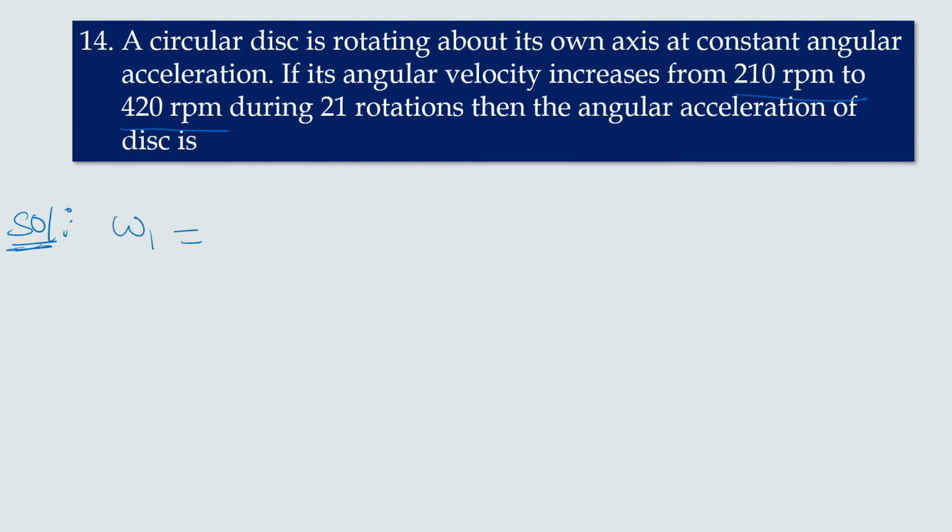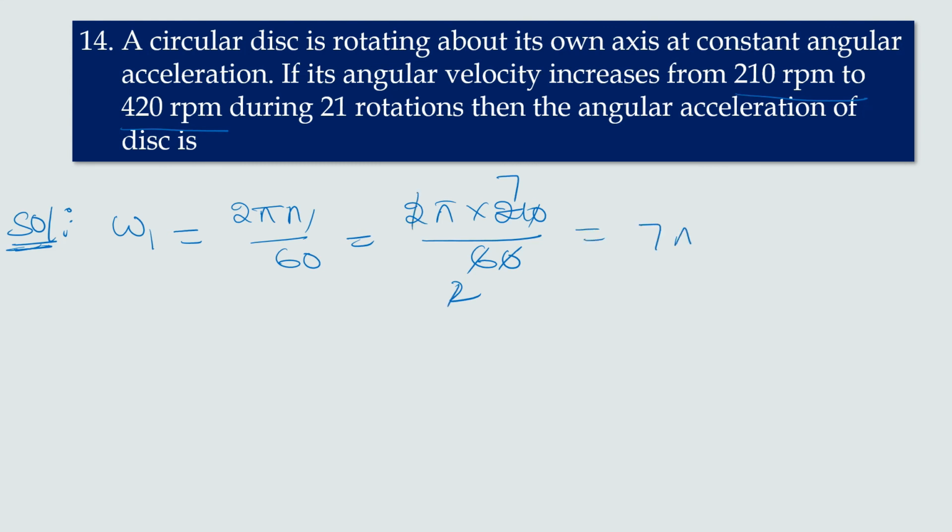Omega 1 is equal to 2 pi n1 by 60, that is 2 pi into 210 by 60. The zeros cancel. 3 2s are 6, 3 7s are 21, the 2s cancel, that is 7 pi radians per second.